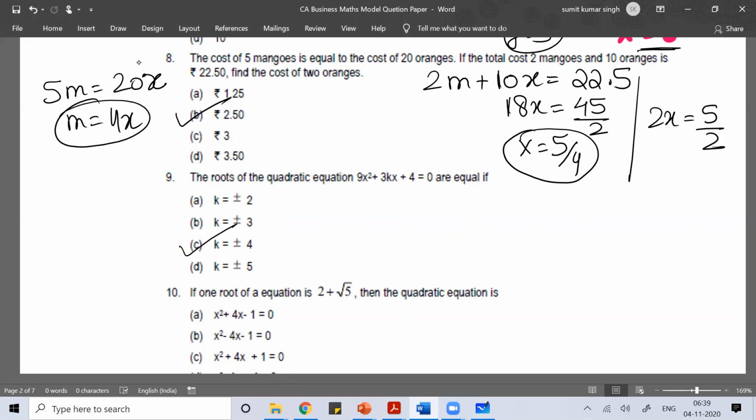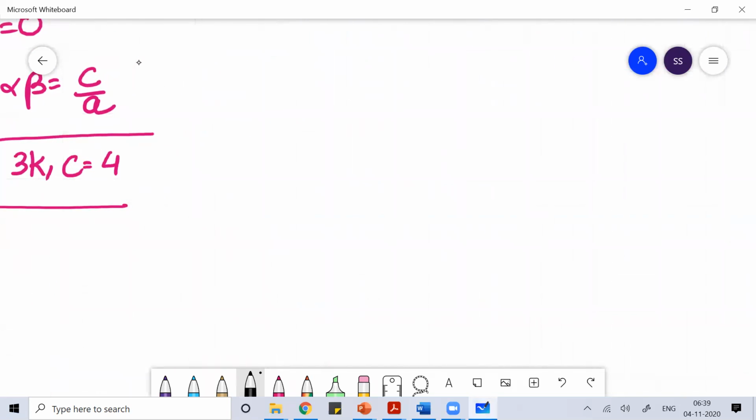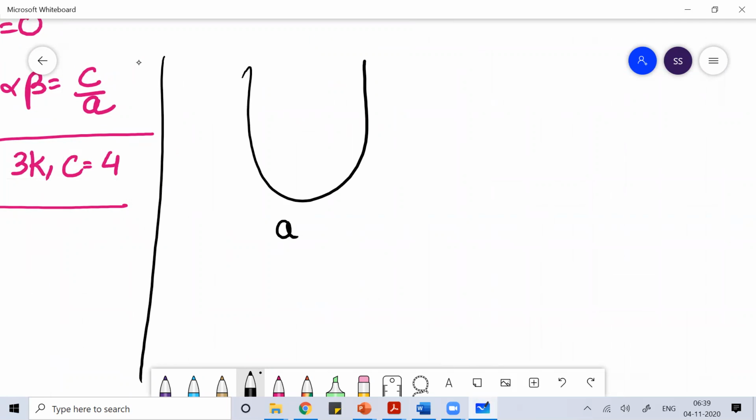Okay, so whenever we talk about a quadratic equation, the graph you get is a parabola. If your a is greater than 0, you get a U-shaped parabola, while if your a is less than 0, you get an inverted U-shaped parabola.